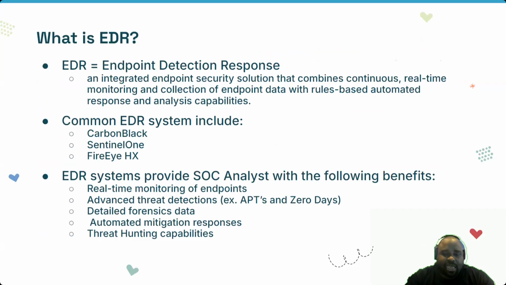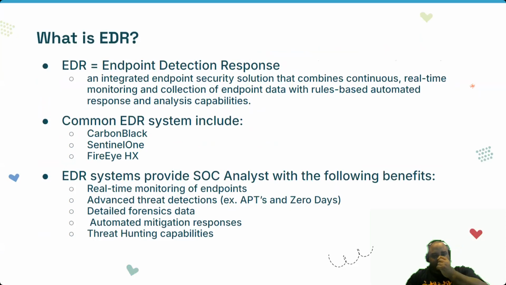Automated mitigation response, being able to block things in an automated way, taking the human bottleneck out of the equation, by allowing the system, once it detects abnormal activity, abnormal actions, to actually block them instead of just alerting you so that you can check on it.